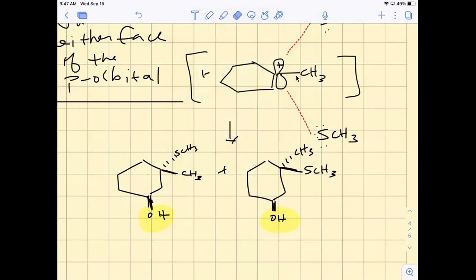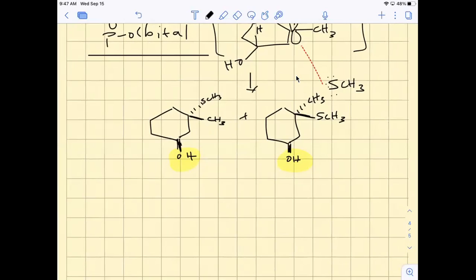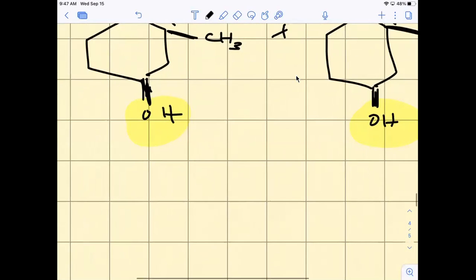Depending on how much influence that OH has, it may bias the outcome and make one of those stereoisomers more prevalent than the other, but the size of OH is not that great, and there's nothing really to create a huge steric bias based on where it is. So more than likely you'll get a 50-50 mixture.